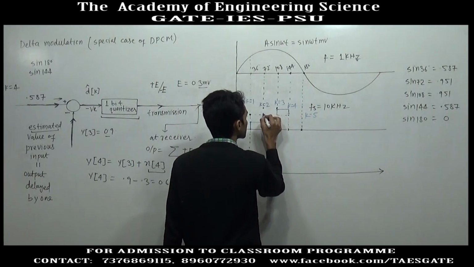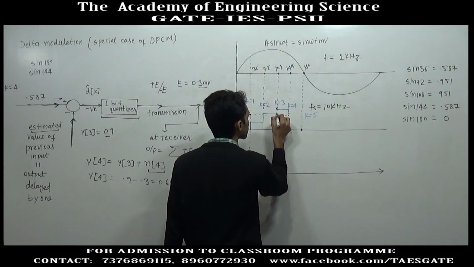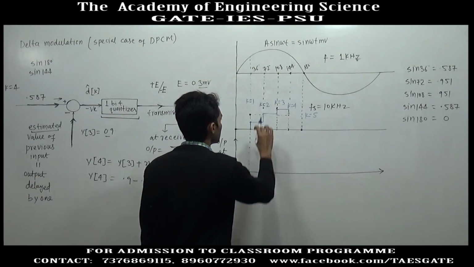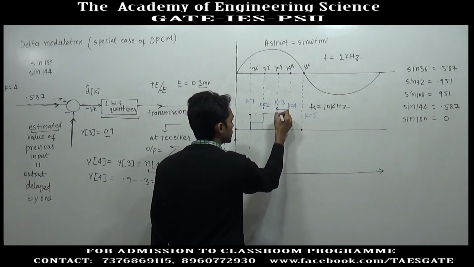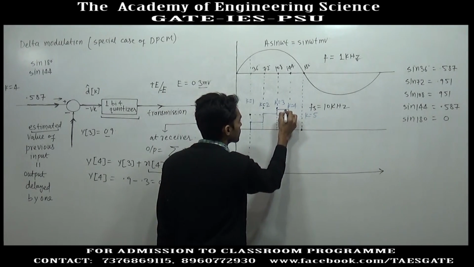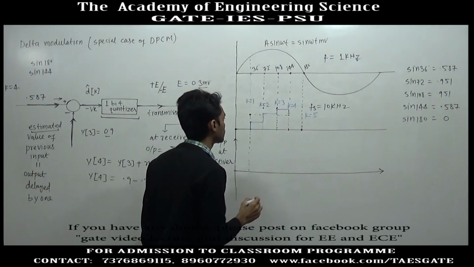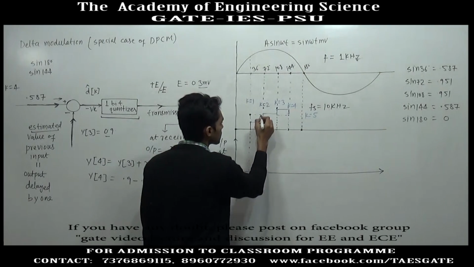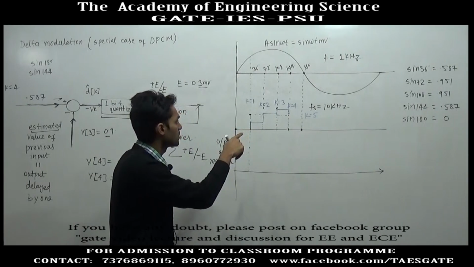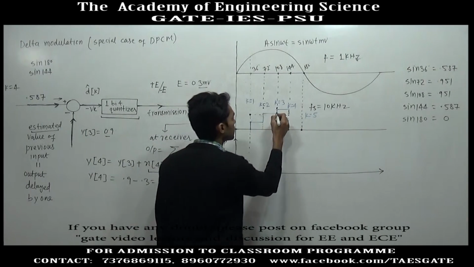This is the level of 0.6 millivolt. This is also 0.3 and this is also 0.3, although it looks shorter than 0.3. This is also 0.3 and this height is also 0.3, although I couldn't make it equal.